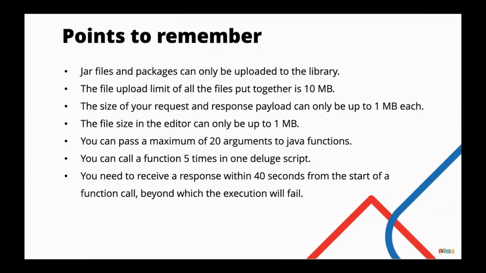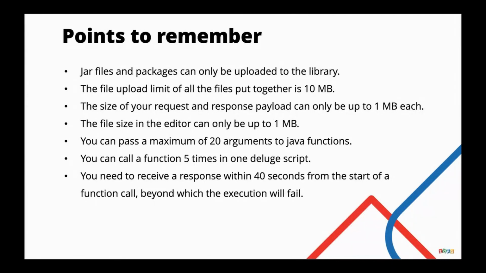And only jar files can be uploaded, not any other file types. And the file upload limit of all the files put together, including the library file, will be 10 megabytes, right? And the size of your request and the response payload will have to be only 1 megabyte each.